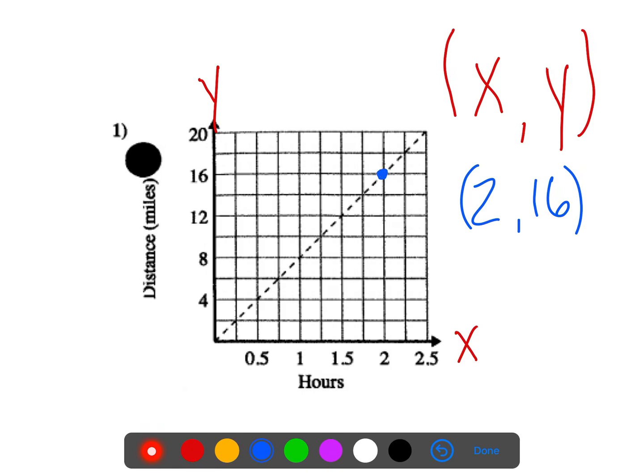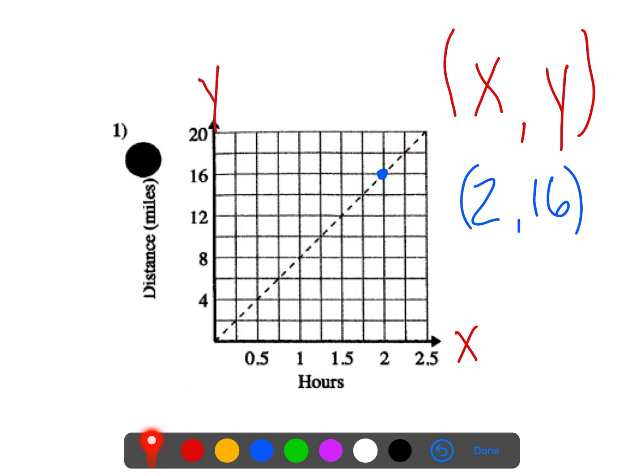Now, if you reverse that, you get an entirely different location. So if I did that backwards and I went to 16 on the x-axis, here you can see I can't even go to 16 because the numbers don't allow it. We would be way out past the graph and only up 2, which would be nowhere near a point here on this line.